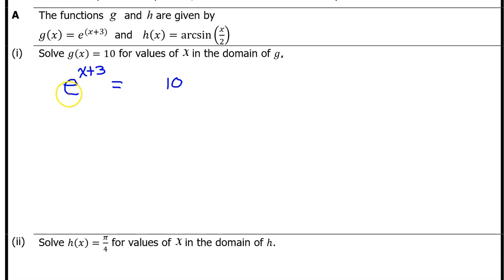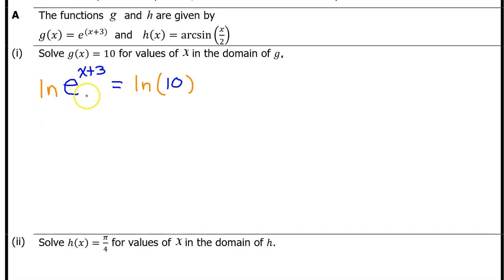But yes, log base e is better written as natural log. So the natural log and the base e will cancel each other out on the next step. But right now we are taking the natural log of both sides of this equation.